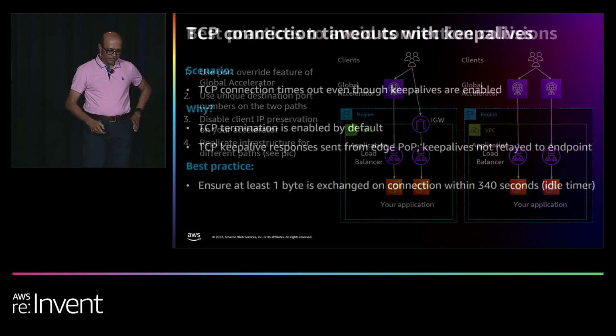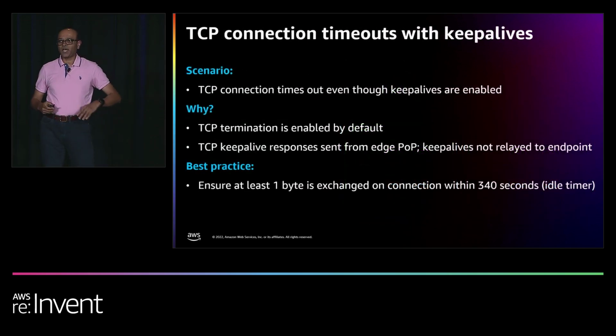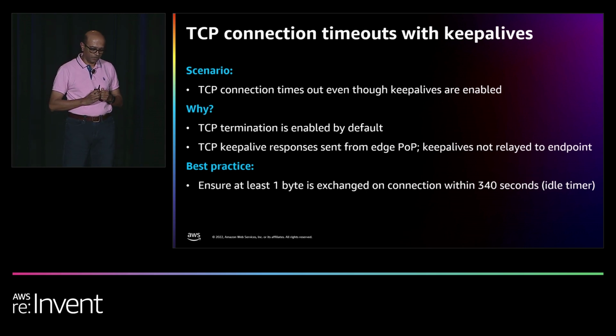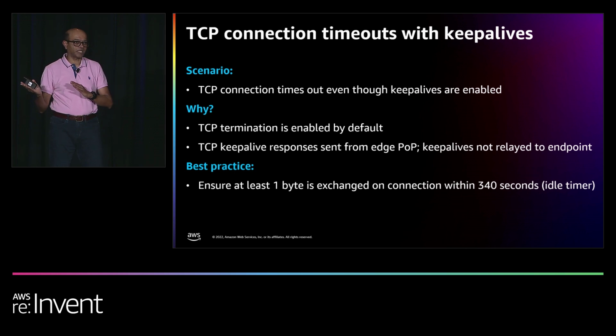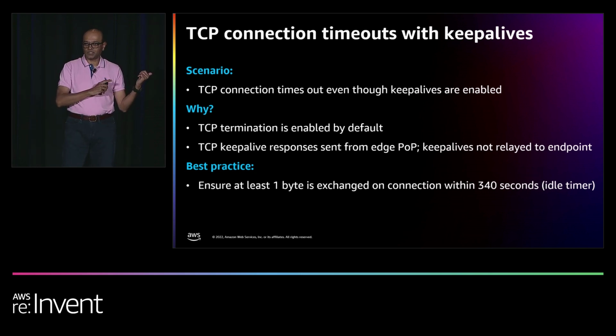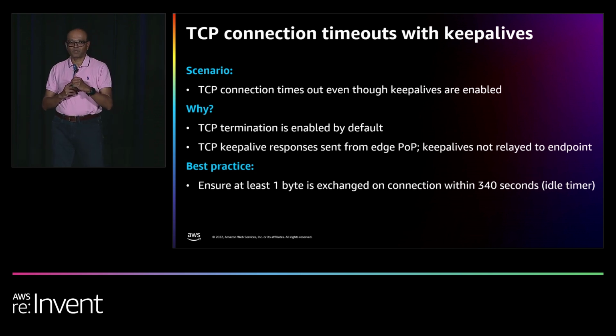Okay, TCP connection timeouts. If you have very long-lived connections, this is something that you want to keep track of. You may be using keepalives, but if that connection is idle for a long time with absolutely no payload being exchanged, then you may run into connection timeouts. The reason is the TCP termination that we discussed earlier is enabled by default.